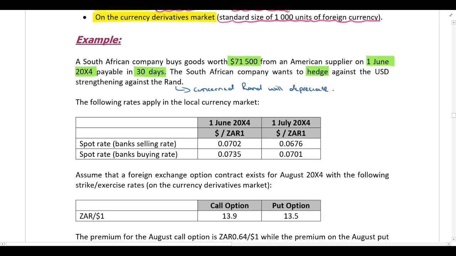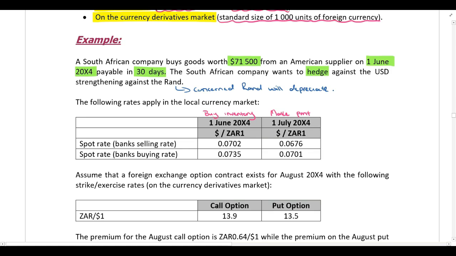We have the following rates apply in the local currency market. So on the 1st of June 20x4, so that's on the date when they buy the inventory, we are given both the bank's selling and buying rates. And then 30 days later, when they actually make payments, we are also given the bank's selling and buying rate.